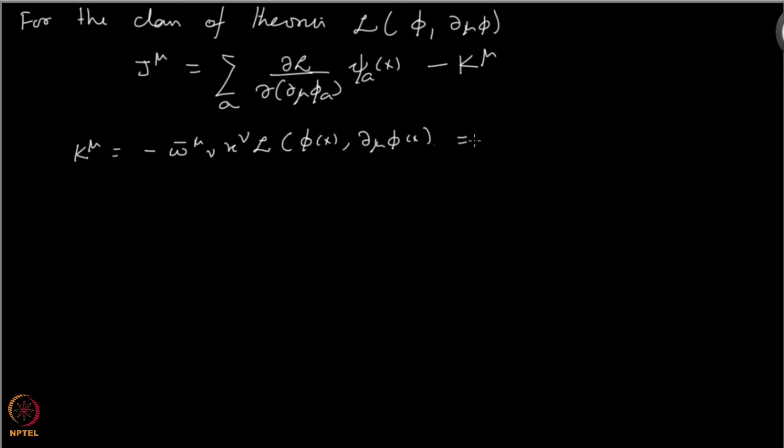Which I can also write as minus omega bar rho nu x nu del mu rho L. I have written it this way because I wanted the mu index not to be sitting on omega bar, because omega bars are the parameters and I am going to pull them out eventually. So that's the reason I want to free up this omega bar from the rho index. So this is fine.